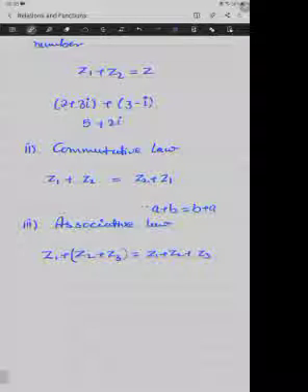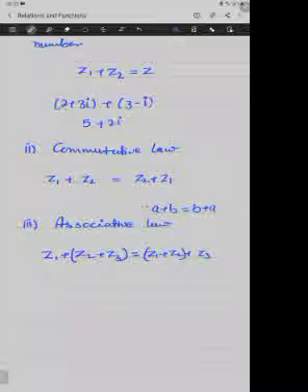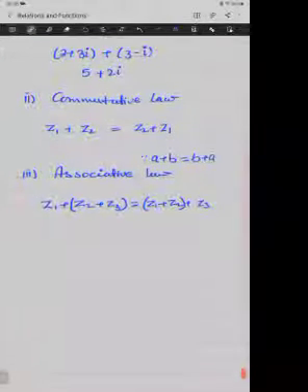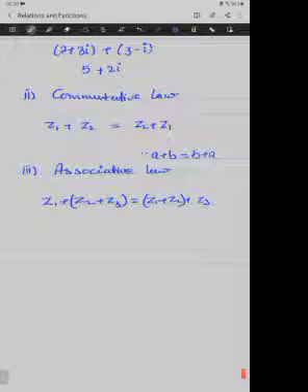But now there will be a game of the brackets. Z1 plus Z2, then plus Z3, will be equal to Z1 plus Z2 plus Z3 with the brackets placed differently. This is said to be associative law.